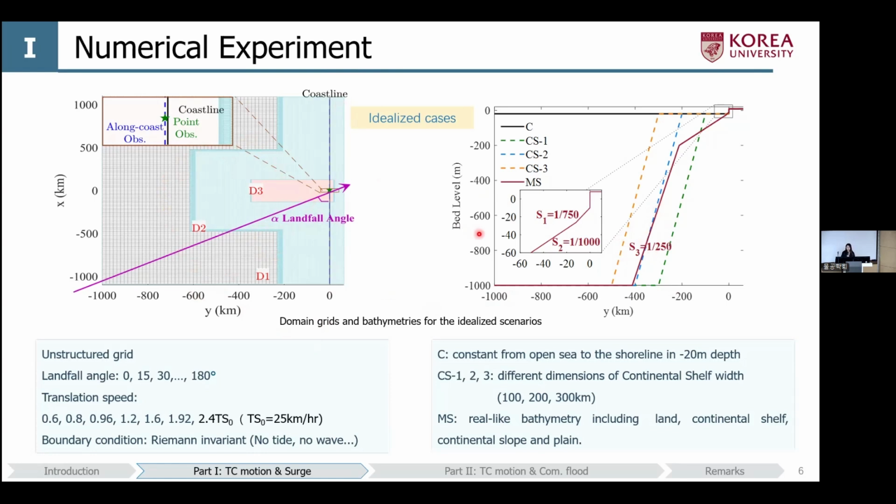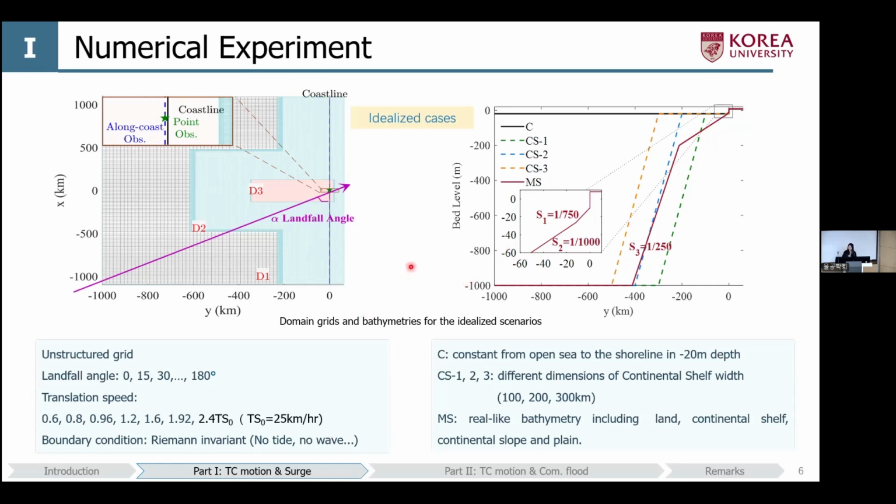All the cases are idealized cases because we want to generalize the effect. It's not easy to use realistic cases to conclude something, unless we focus on a certain area.